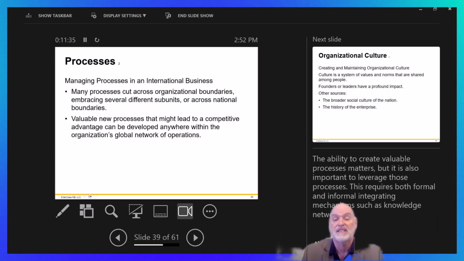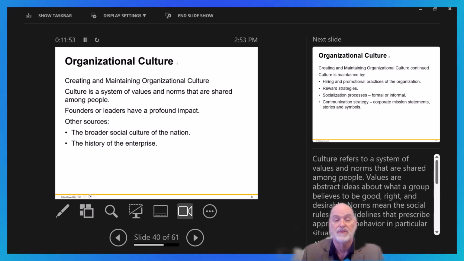Managing processes in an international business. Many processes cut across organizational boundaries, embracing several different subunits, or across national boundaries. Valuable new processes that might lead to a competitive advantage can be developed anywhere within the organization's global network of operations.